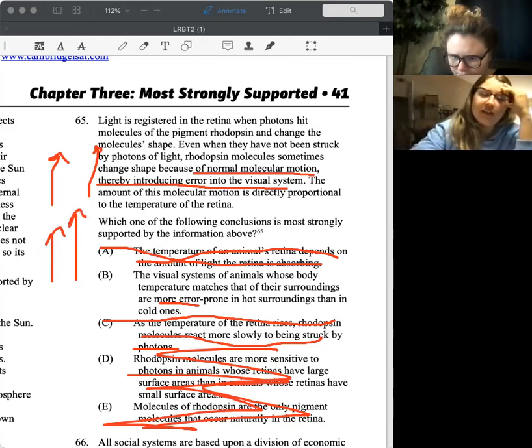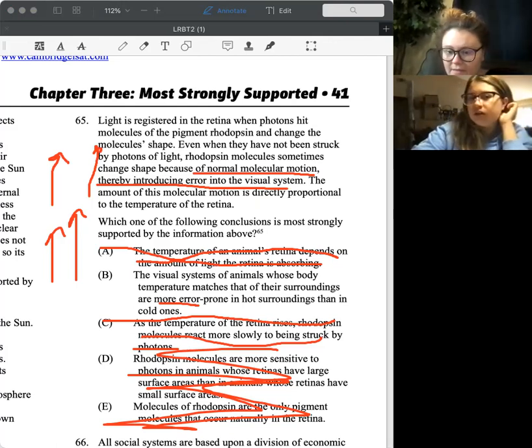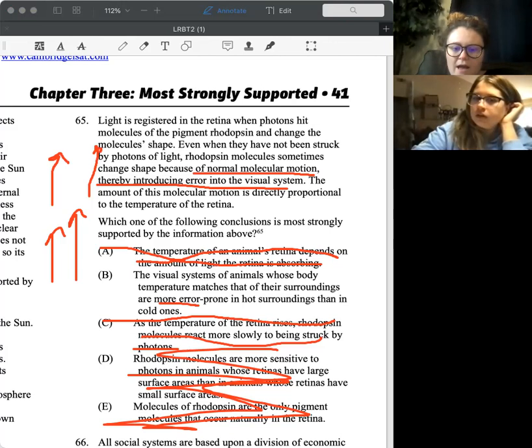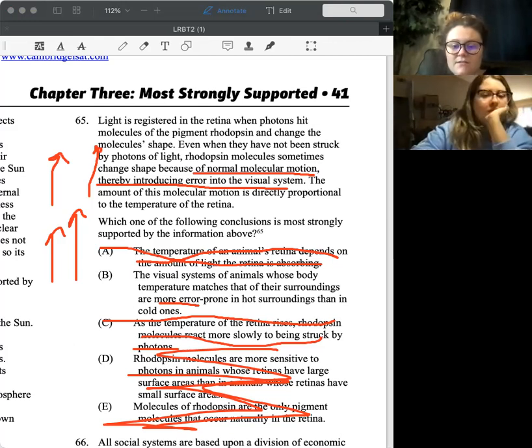And I think they're attributing that with it being proportional to temperature. So I understand completely that when temperatures are lower, molecular motion is lower, and when temperatures are higher, molecular motion is higher. And I know that motion causes errors, but I don't like that necessarily it's a hotter, faster motion that causes more.